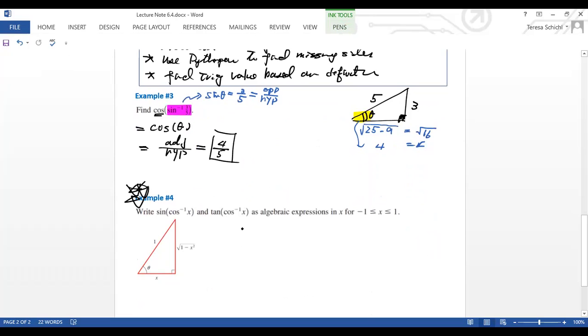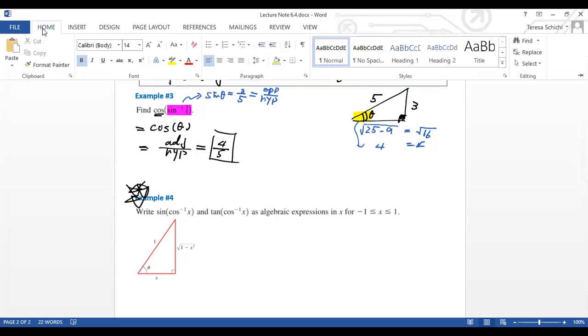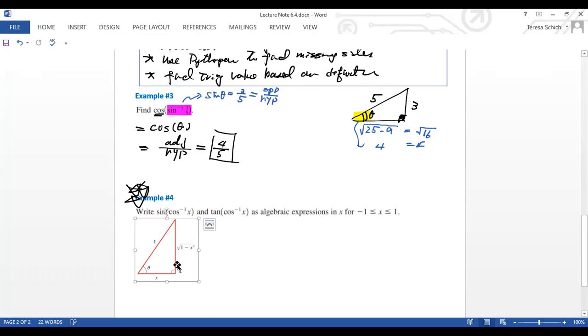X is between 1 and -1. So let's try to write a right triangle here.